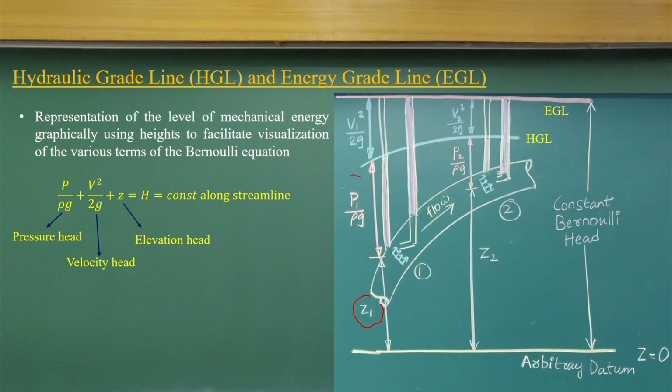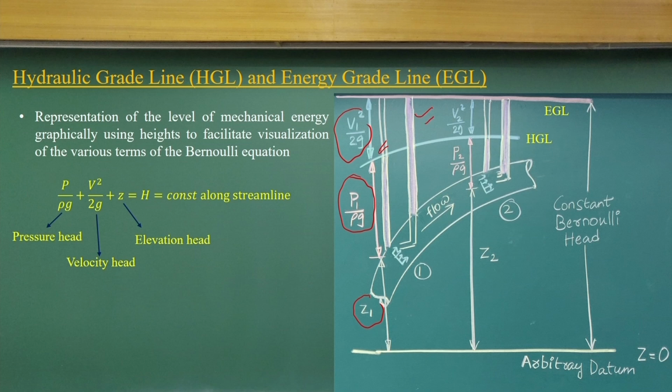What is the difference between the energy gradient line and the hydraulic gradient line? The energy gradient line considers all these terms. That means you have Z1, this is the flow energy, this is the kinetic energy. If you do not have the kinetic energy or the velocity head, then we have the piezometer line. If you consider the velocity head, then we have the energy gradient.